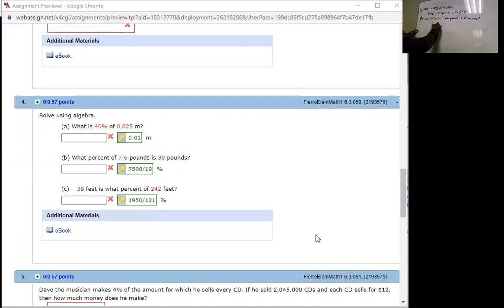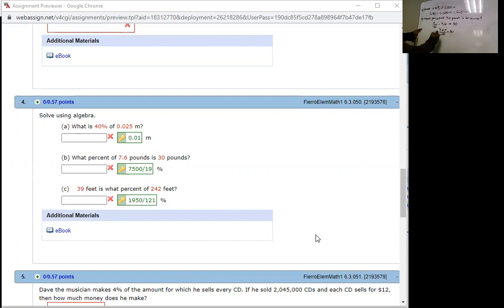And the word of means to multiply. 7.6 is the equal sign, and then 30. So if I write this as 7.6 times P over 100, that'll be equal to 30.